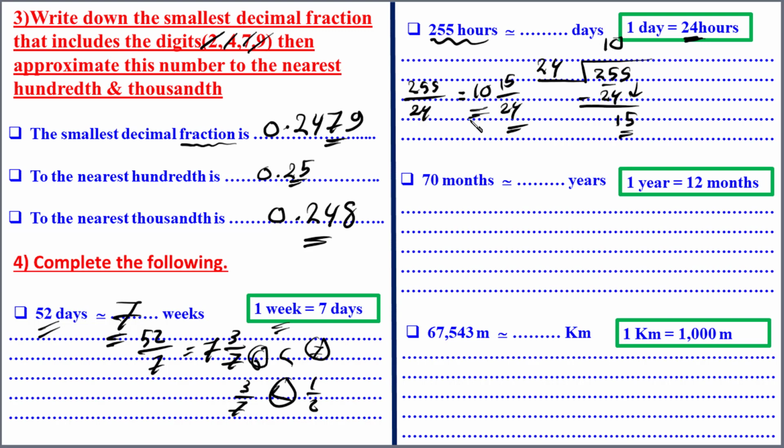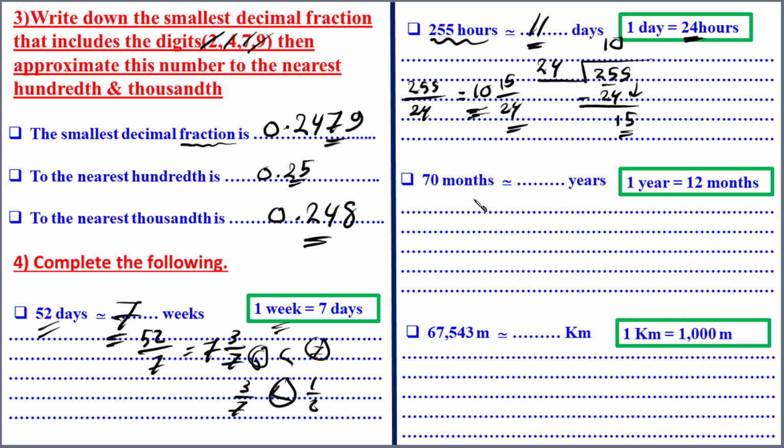Now we have 10 days and a fraction greater than 1/2, so it approximately equals 11 days. But if this fraction is less than half a day, we will write 10 without adding anything. So it will be 11 days.